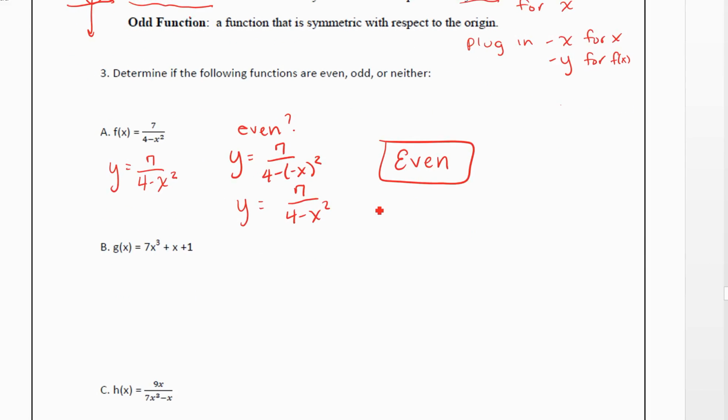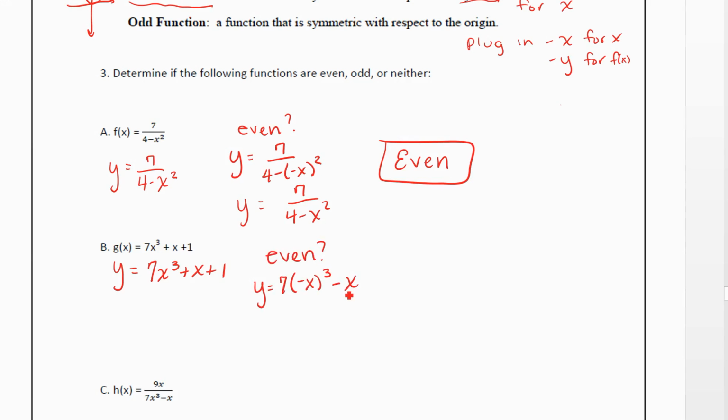Okay, let's look at this next one. We've got g of x equals 7x cubed plus x plus 1. So we can replace it with a y first. And so we're going to plug in negative x to see if it's even. So y equals 7 negative x cubed minus x.